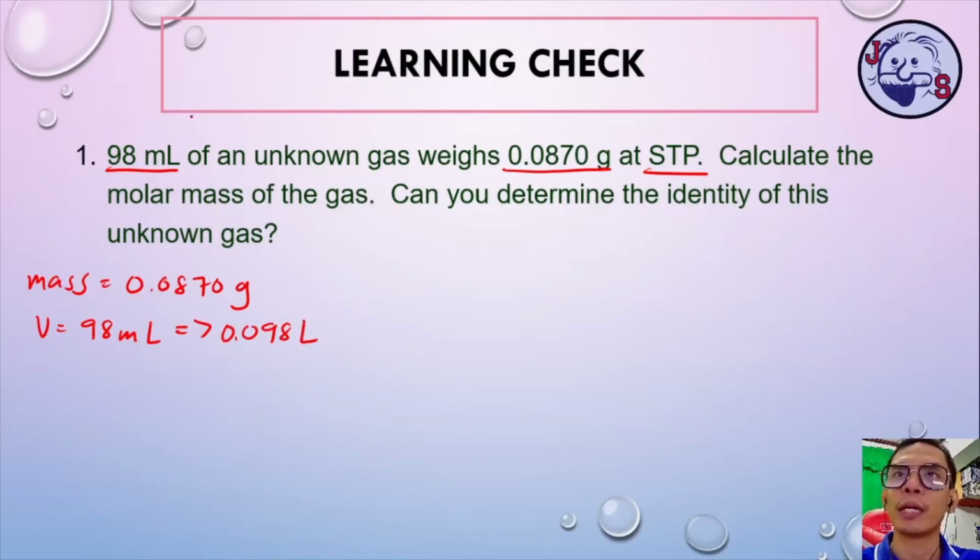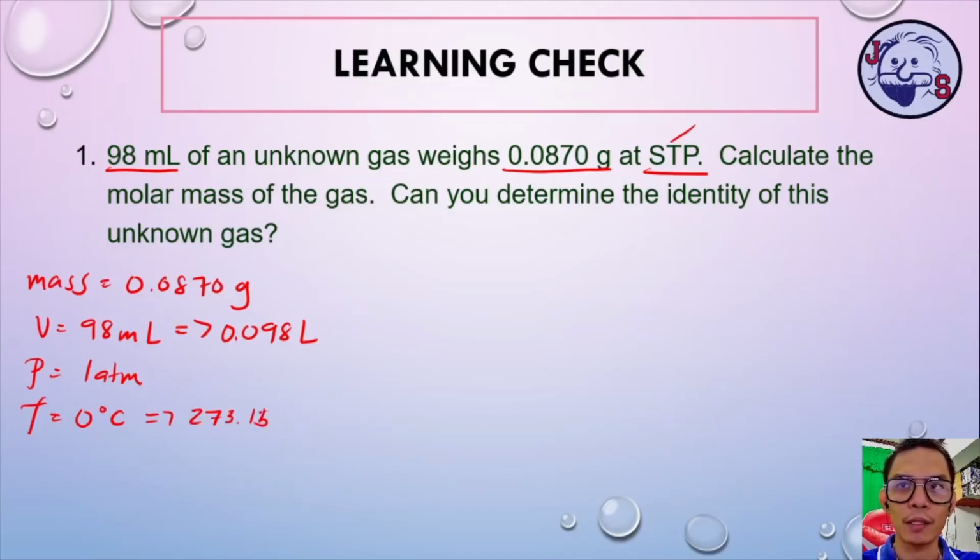That is in liters because the R that we are going to use is in liters. Next, how about the pressure? Since that is at STP, the pressure is 1 atmosphere. Very simple. And the temperature is 0 degrees Celsius, or 273.15 Kelvin.